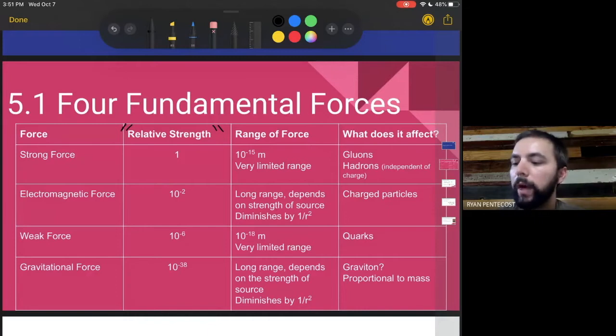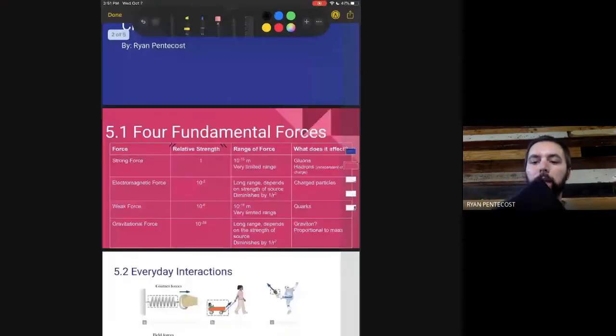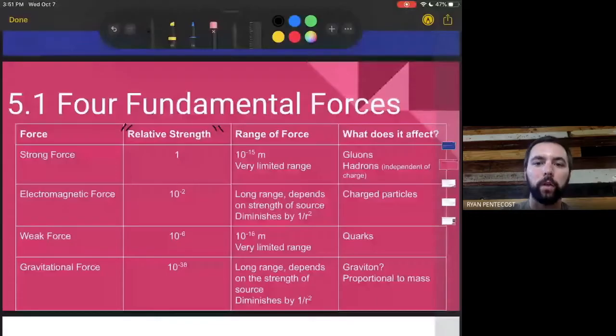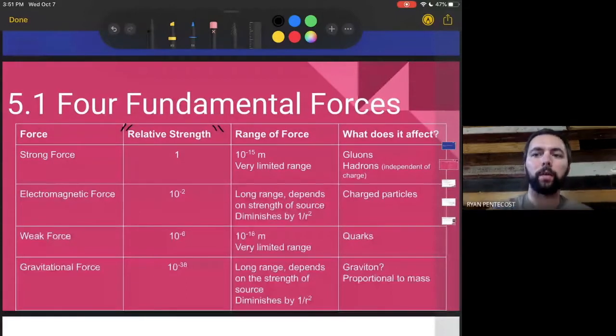Now, the range of this strong force, right? So this strong force is the strongest force in the universe, but it only acts on a very small scale, right? It is only acting at 10 to the negative 15th meters, so it's got a very limited range. However, it doesn't affect you and I every day, right?